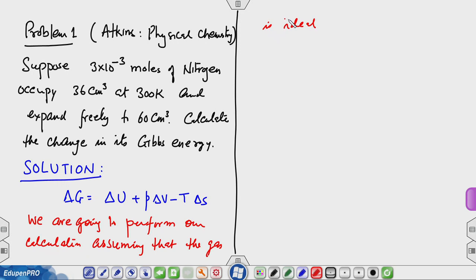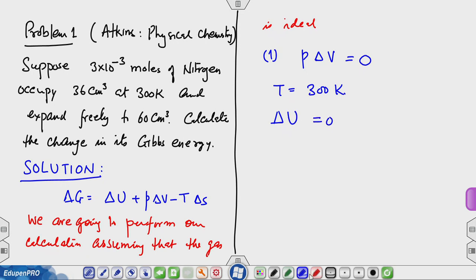Now, since this is expanding freely, there is no work done. So, number 1, P delta V term is going to be 0 and is connected to the environment at T equals 300 K. So, since this is ideal gas, delta U is also 0.